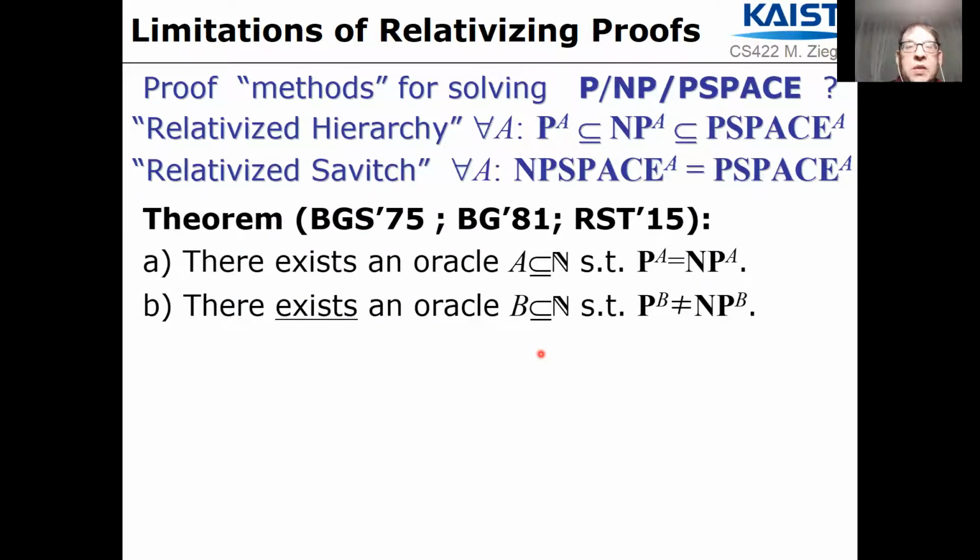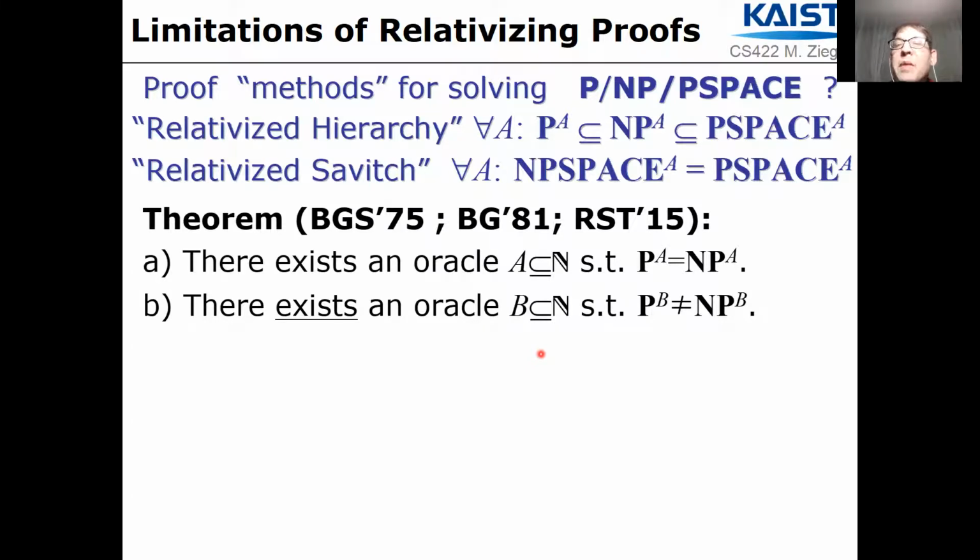And the proof of statement A is actually not very hard. Namely, we can use any PSPACE-complete oracle A. And for any PSPACE-complete oracle A, P relative to this oracle is the same as PSPACE, right? If we can get such a powerful oracle as access, then we can solve every problem in PSPACE by simply deferring the computation to the oracle.